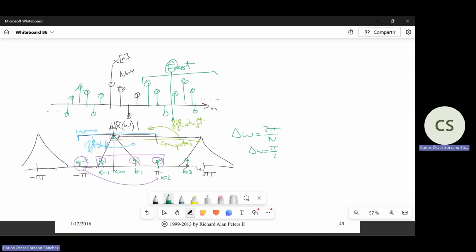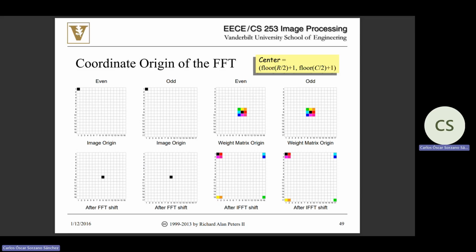So the origin is in the corner of the Fourier transform. And no matter if the size of the image is even or odd, the 0, 0 will always be that corner. But humans like to think of the Fourier transform with the origin in the middle.